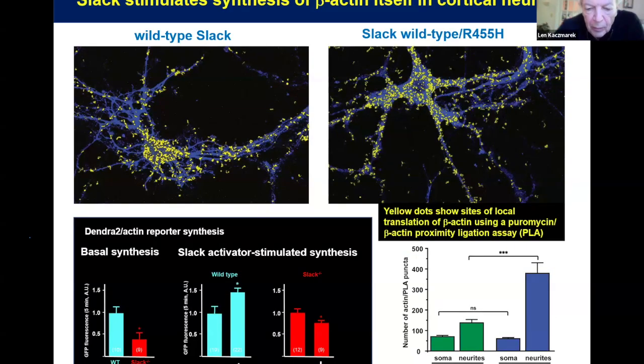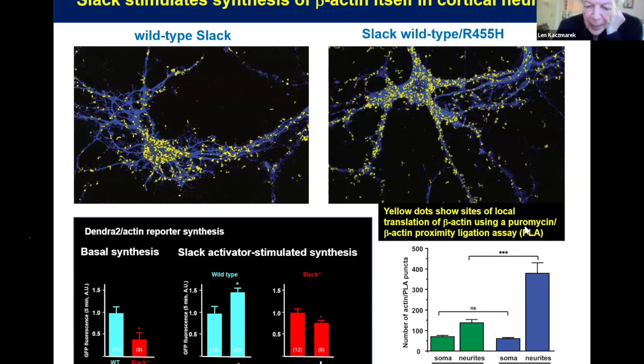That was in a boring non-neuronal cell, but we've also looked at this in neurons, and this is a picture of active translation going on in a wild-type neuron and in one of these mutant cells. We've used a technique called a proximity ligation assay, which I'm going to explain in a minute.